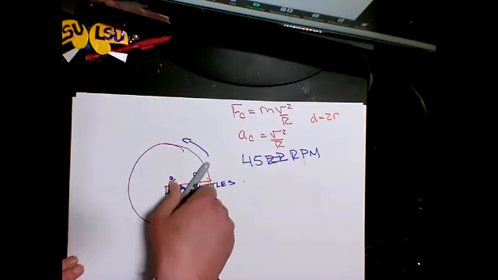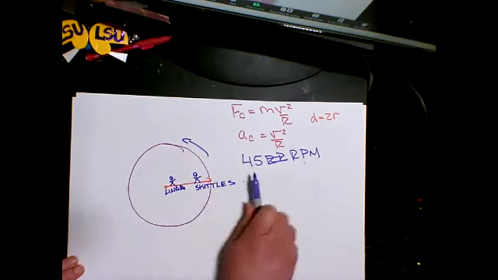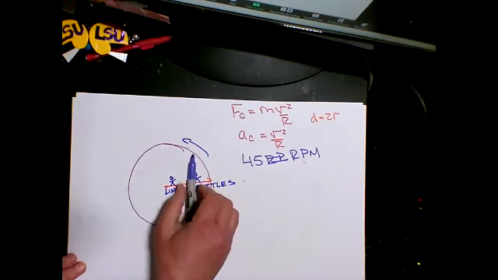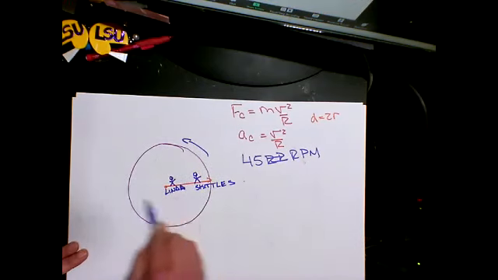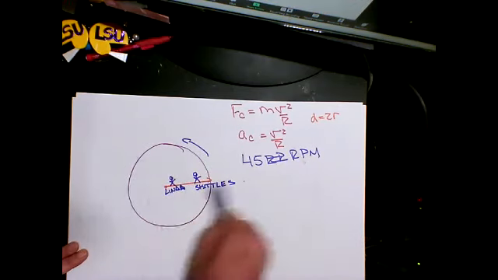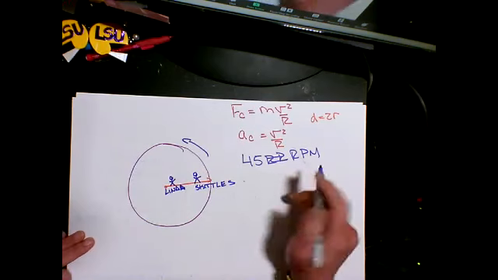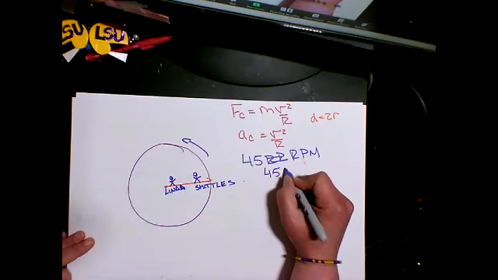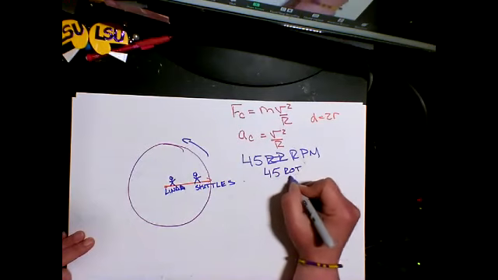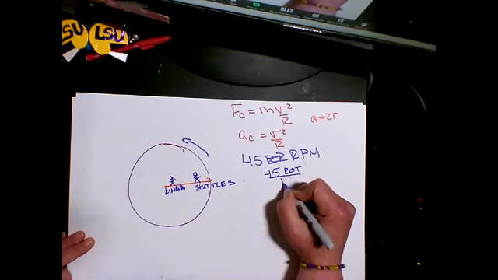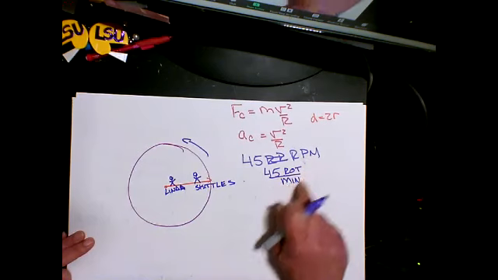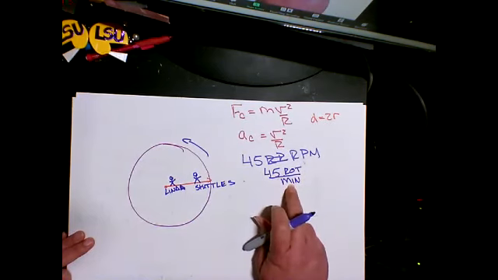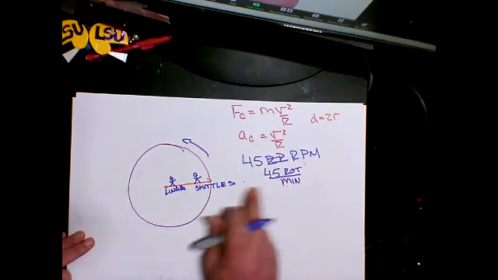When I see rotations per minute, it says how many times the whole disk is going to go around in a circle per minute. The way I suggest you start getting used to writing that is 45 rotes, or however you want to abbreviate that, per minute. Whenever you see the per, whatever's following that goes on the bottom. So we now have how many rotations we're making per minute.